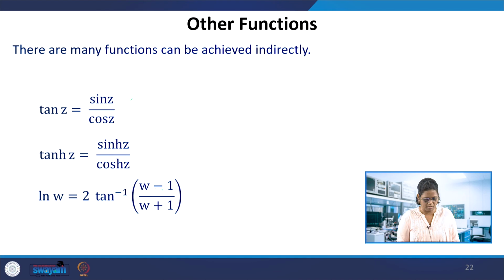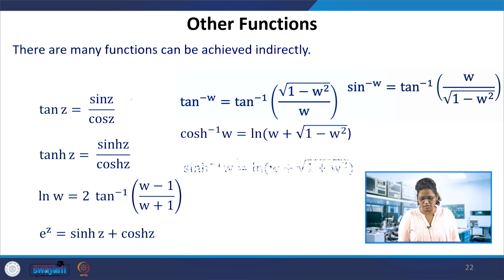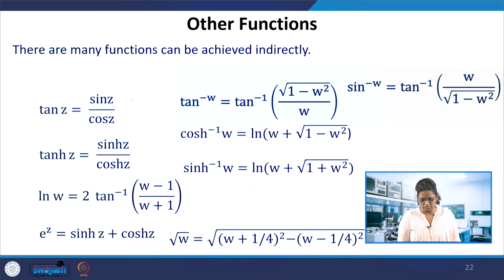The ln function can be obtained once you have this, and e power z can be obtained if you have the functions sin and cos. Also tan inverse of w can be obtained from here, and sin inverse of w. Similarly cos h inverse, sin h inverse, and the square root of w can also be obtained. So other functions can also be obtained from these CORDIC equations.